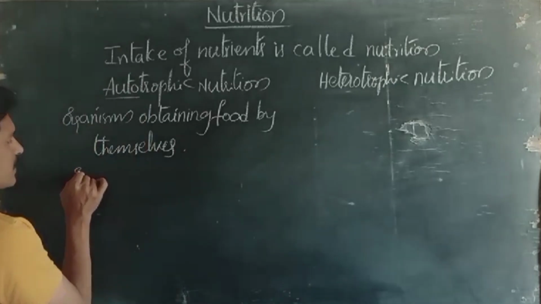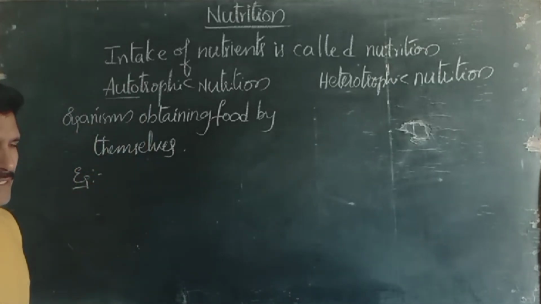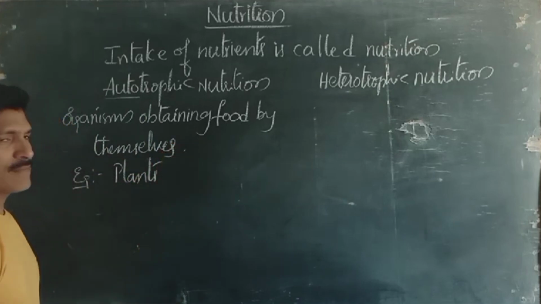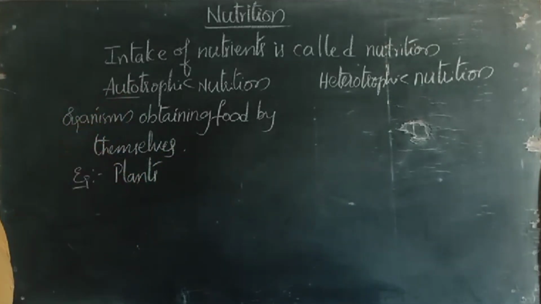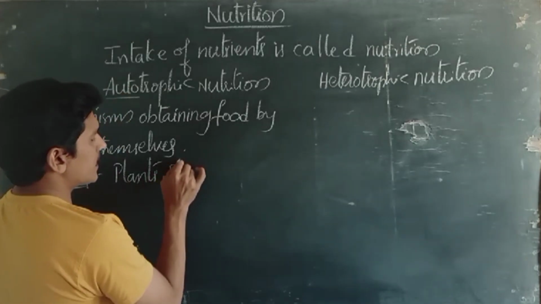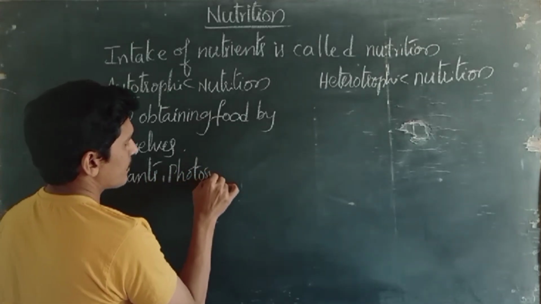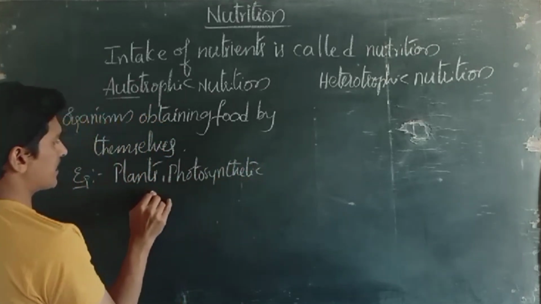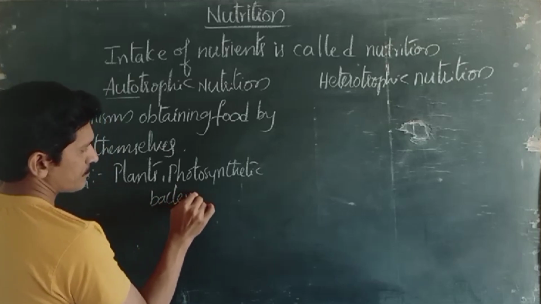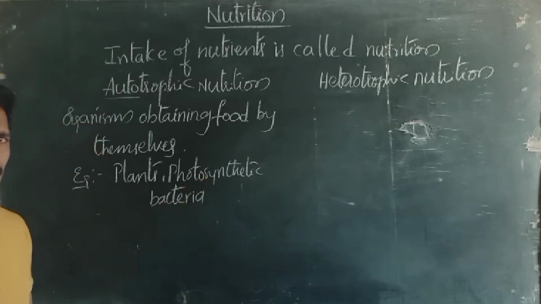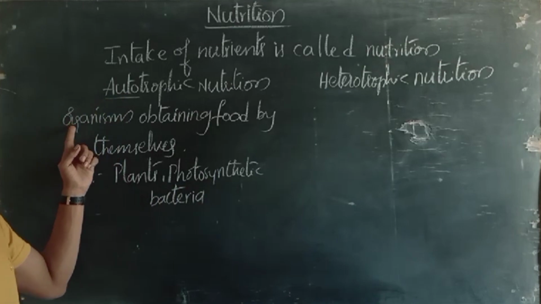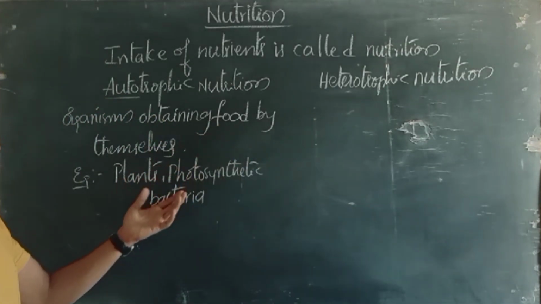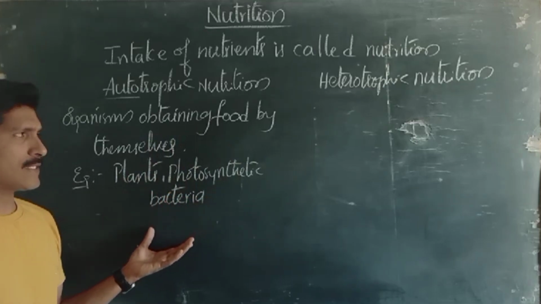Examples of this kind of nutrition are plants, which come under autotrophic nutrition, and also photosynthetic bacteria. So autotrophic nutrition means organisms obtaining food by themselves without depending on any other organism. Examples are plants and photosynthetic bacteria.